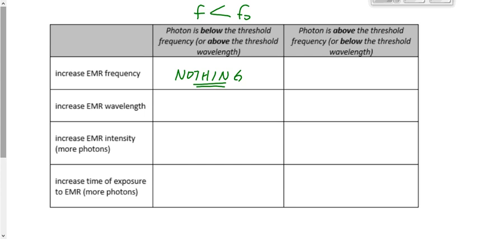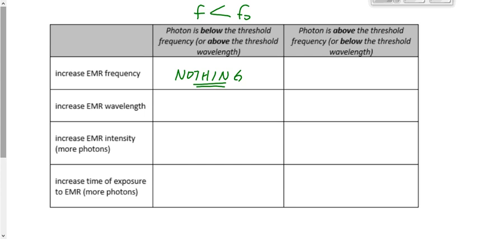If the truck hits the car at 40, it doesn't knock it into the ditch. If the truck hits the car at 49, it doesn't knock it into the ditch. If the threshold is 50, it doesn't matter what you do when you're below the threshold, you're not going to knock it into the ditch. If the photon is below the threshold frequency, it doesn't matter what we do to the frequency, we're not going to cause the electron to be ejected.